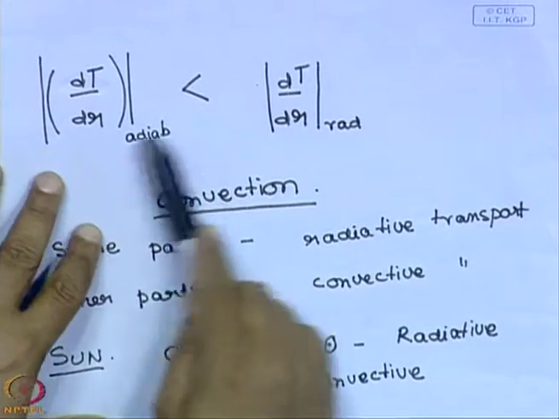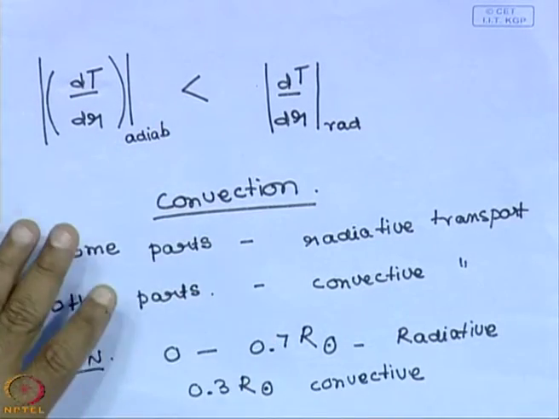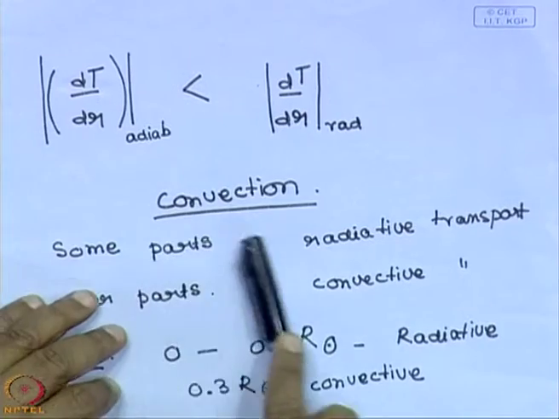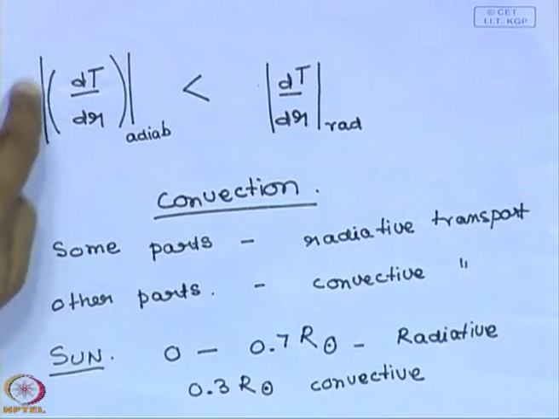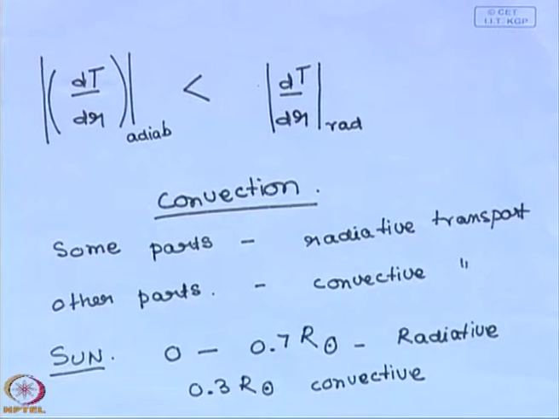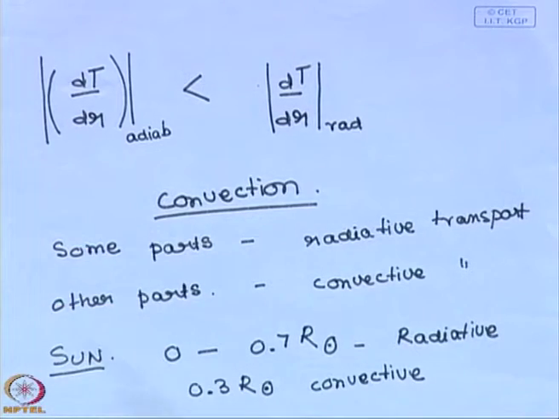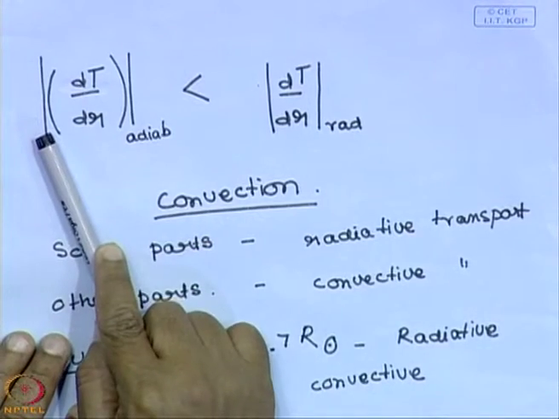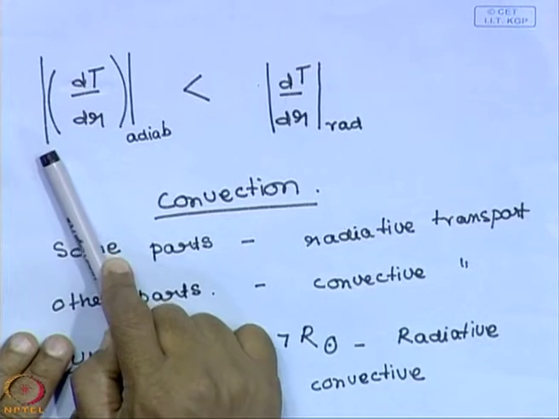So, you have this value in most of the region where convective energy transport is occurring. Energy gets transported at a rate which maintains the adiabatic temperature gradient. Though in the outer parts of the sun, you do have regions where the temperature gradient is higher than this, and those are the regions where you have super adiabatic temperature gradients.